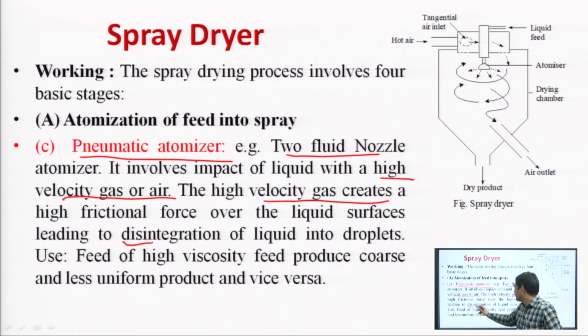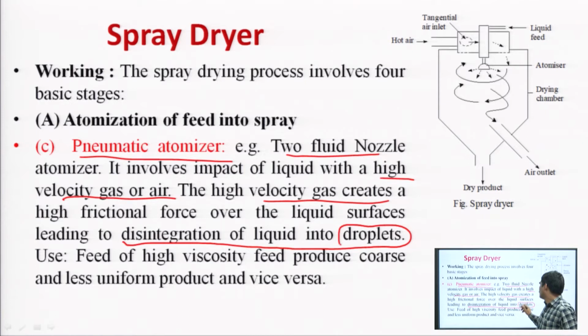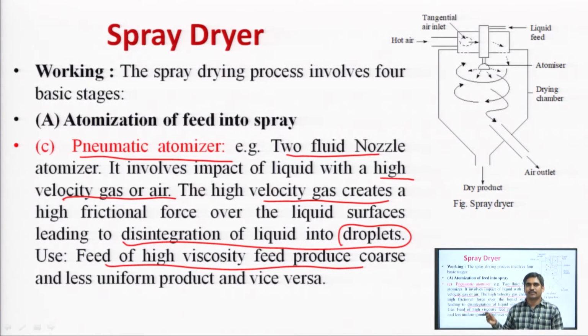This leads to disintegration of the liquid into droplets. If you use a pneumatic atomizer with a highly viscous feed, it produces coarse particles. If the viscosity of the feed is low, it produces fine particles with a more uniform product.